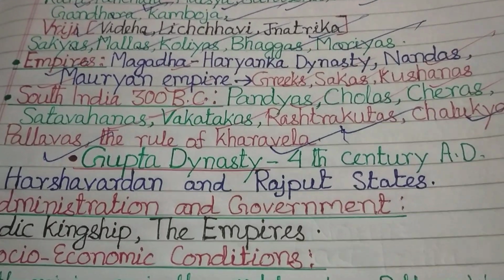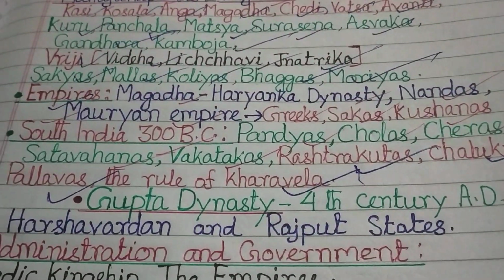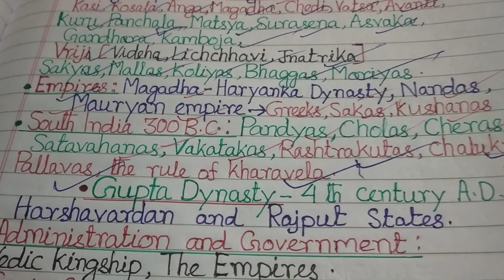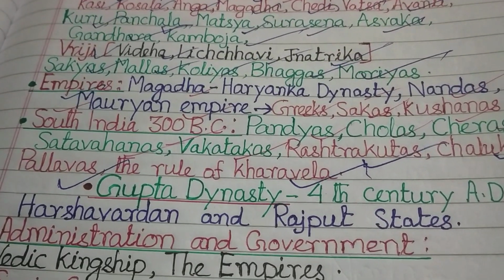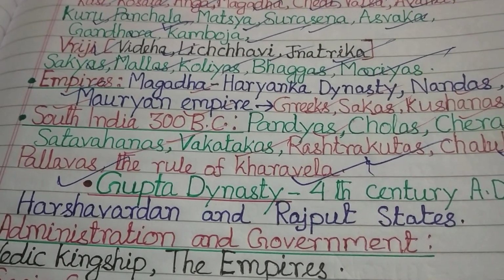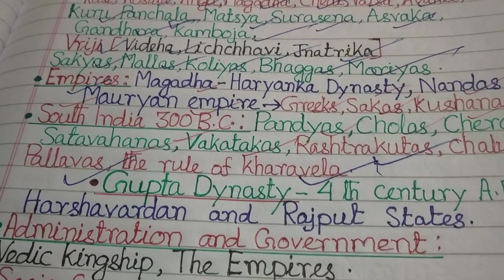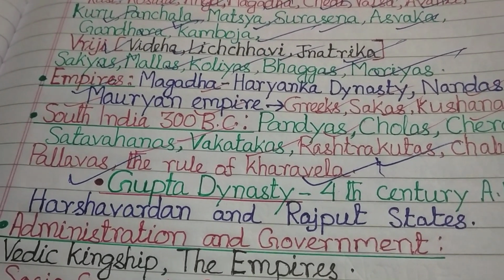Many important developments took place in the social, economic and cultural life of the Indian people in this period, in particular 322 to 184 BC. Particularly important was the spread of Buddhism, which had been introduced earlier.